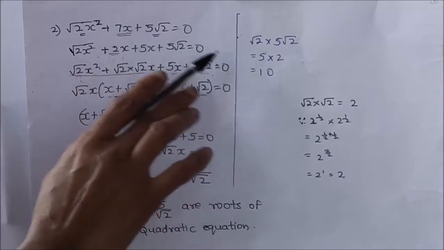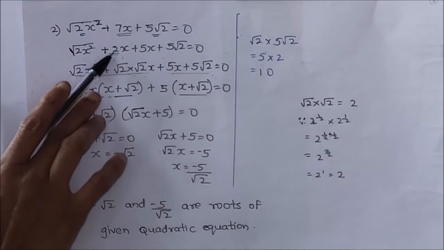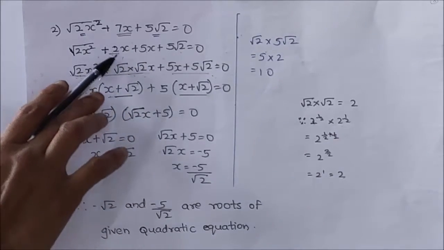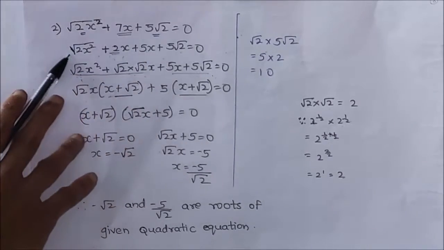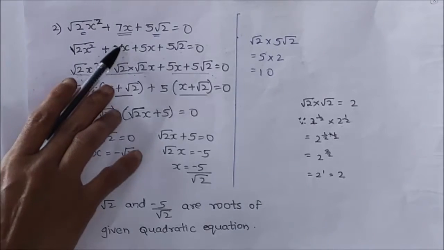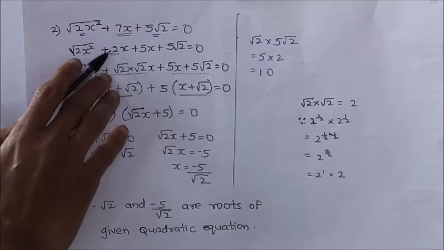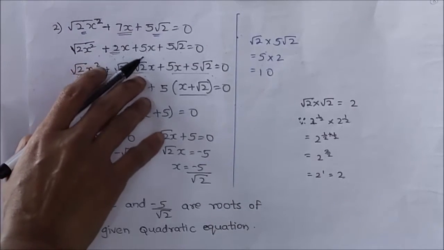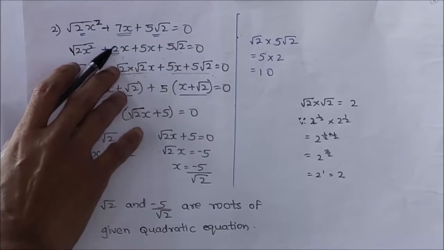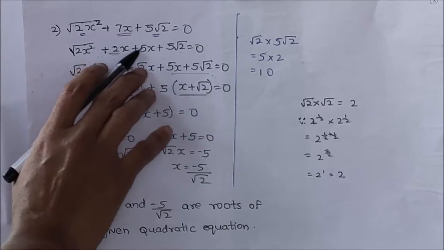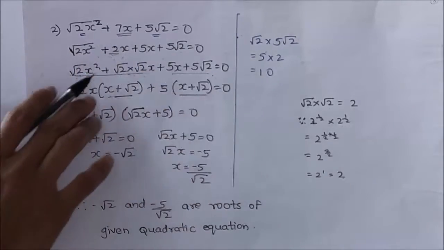We need 10. So I have taken two terms, 2x and 5x. So root 2 x square plus 2x plus 5x plus 5 root 2 equals 0. When I add 2x plus 5x, I get 7x. If I take the product, 2x into 5x is 10.